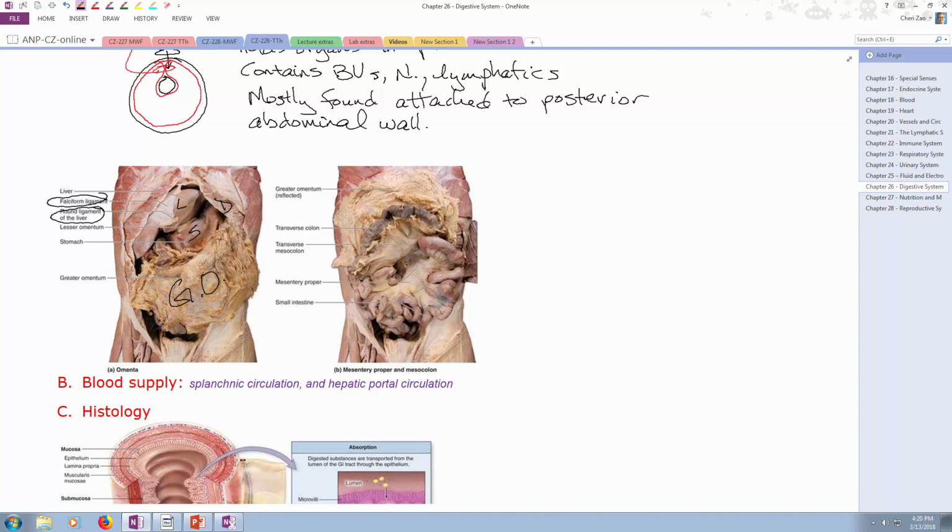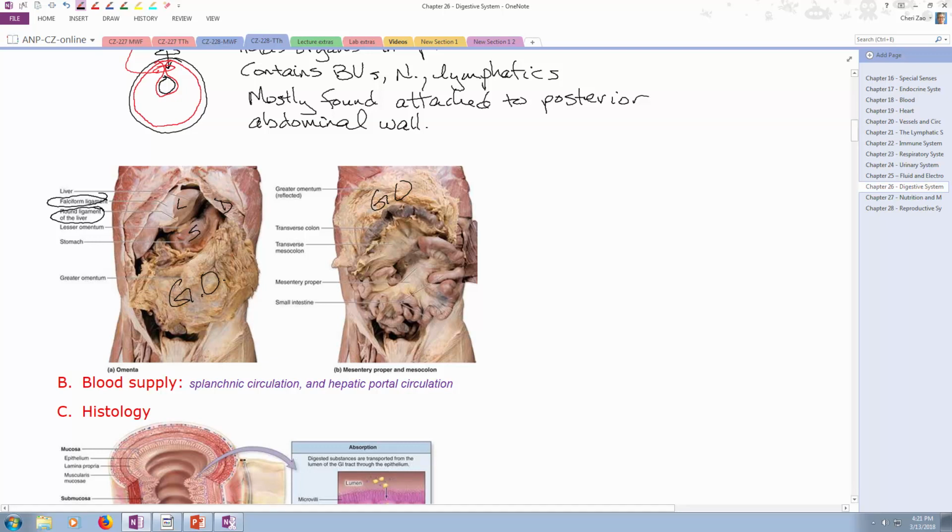We have reflected the greater omentum cephalad or superiorly. So here's GO, greater omentum now. And now we see it is attached also in us to our transverse colon. The transverse colon traverses our abdomen. It is actually a really big pendulous structure, which means it droops on down.